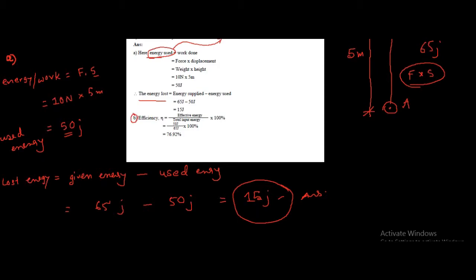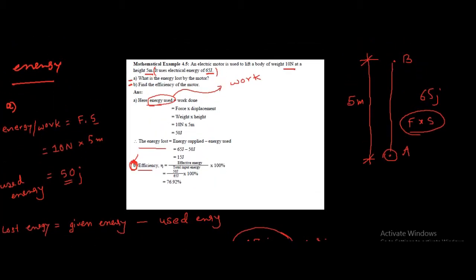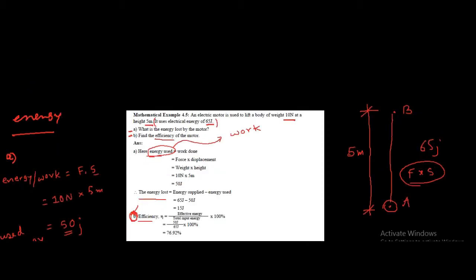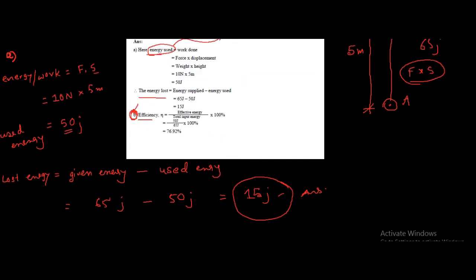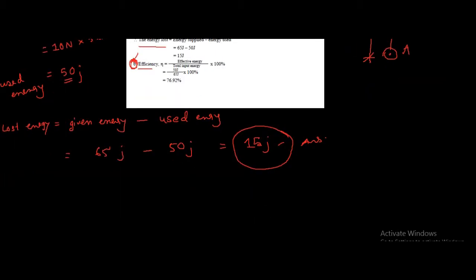And if we see problem 2, where efficiency needs to be calculated, you can see find the efficiency of the motor. So I have to write the formula of efficiency, that is eta.